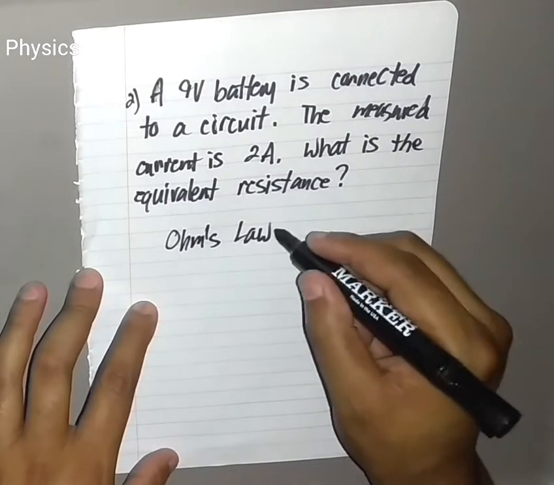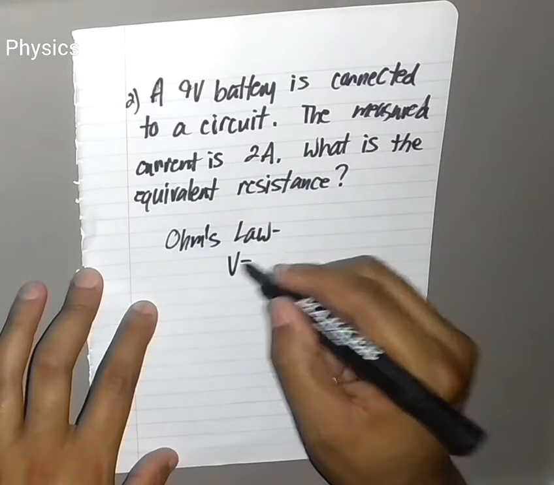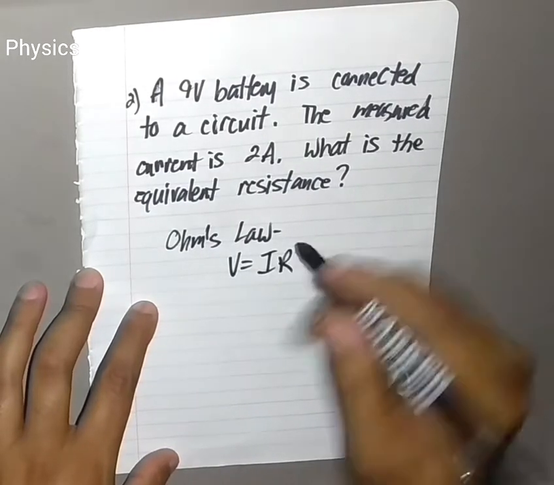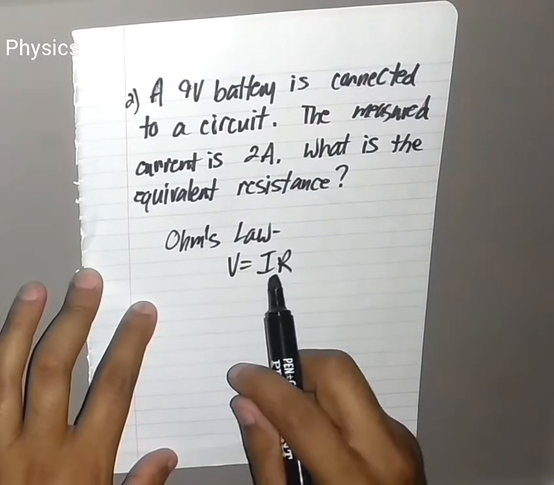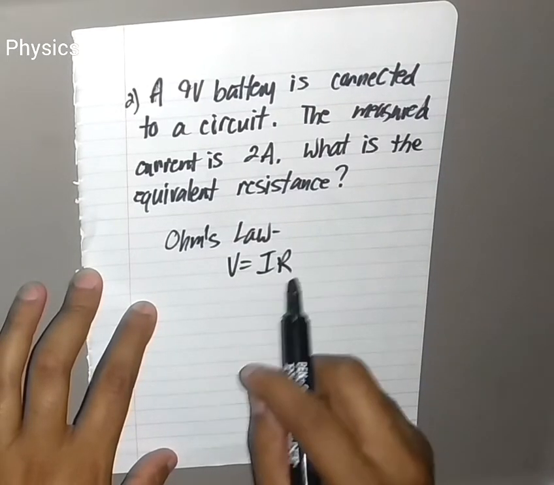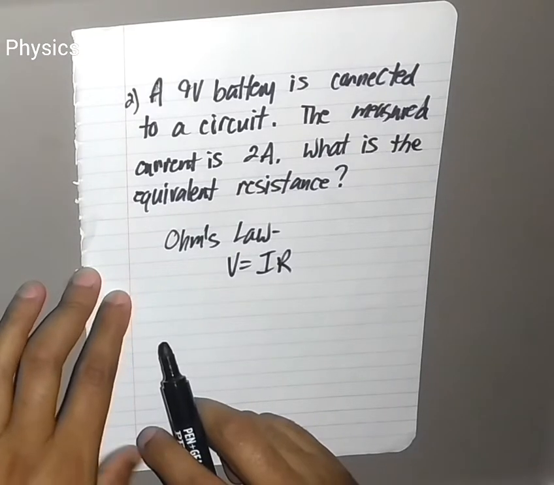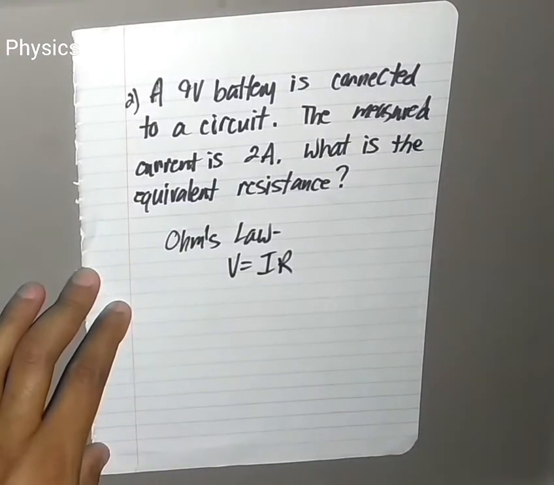Ohm's law is V equals I R, where V is the voltage, I is the current, and R is resistance. We're given the voltage and the current in this problem.